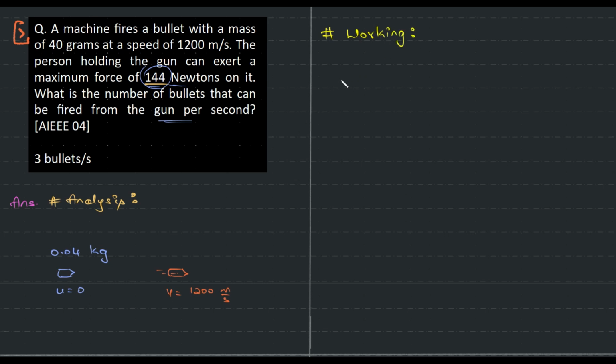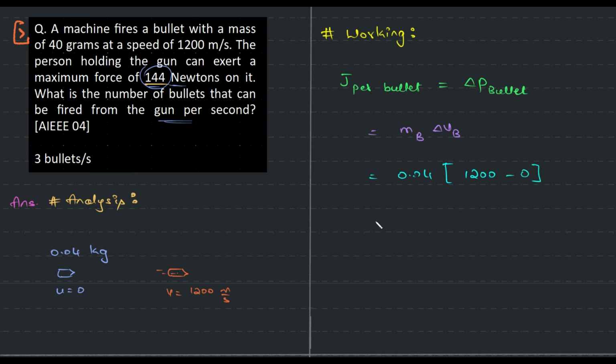First thing first, we'll figure out the impulse per bullet. That is delta P of the bullet, the change in momentum of each bullet, which is given by the mass of the bullet times the change in velocity of the bullet. So we have this to be 0.04 times 1200 minus 0.